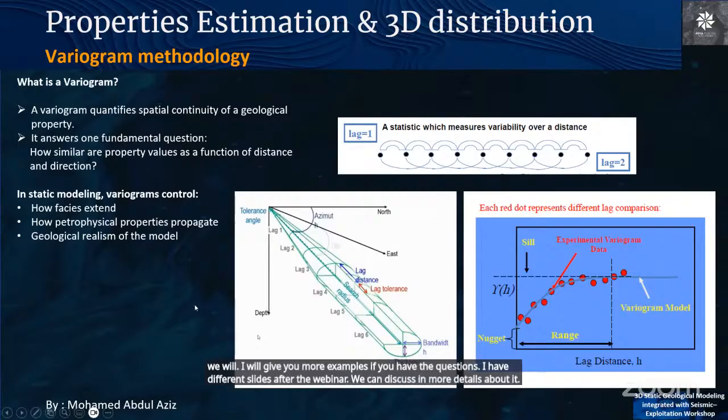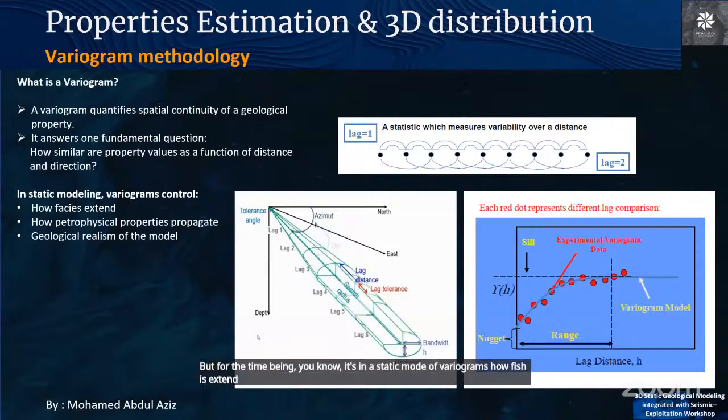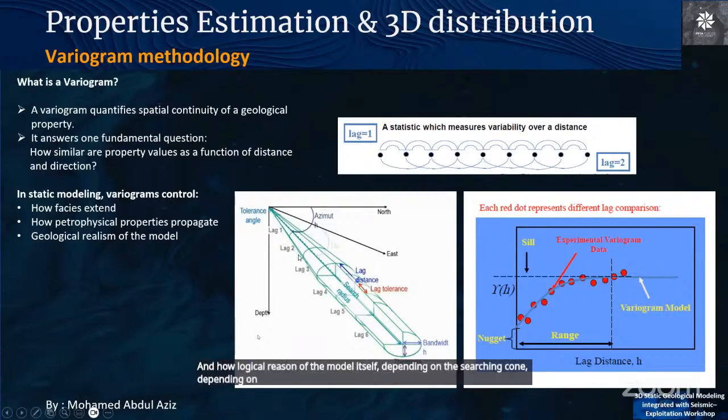But for the time being, in a static model, variograms show how facies extend. It's telling you how petrophysical properties propagate and how geologically realistic the model is, depending on the search cone, the direction, and the distance between points.